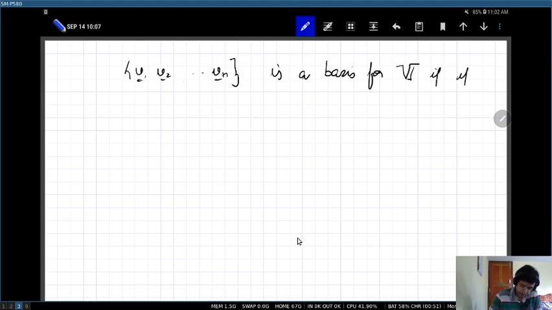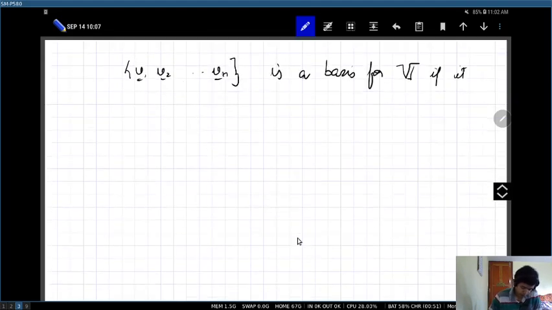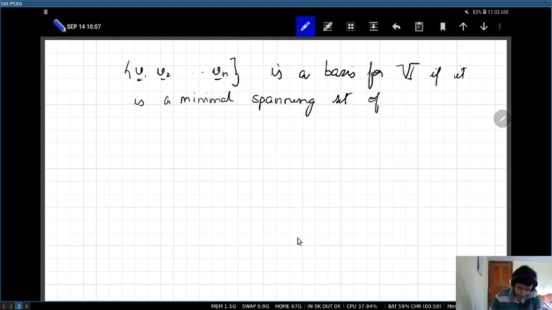if, well, there are two different ways of putting it. If it's either a minimal spanning set of V. When I say a minimal spanning set, if I remove any vector from V1, V2 up to Vn, if I throw out any of these vectors, then it doesn't remain a spanning set for V, right?